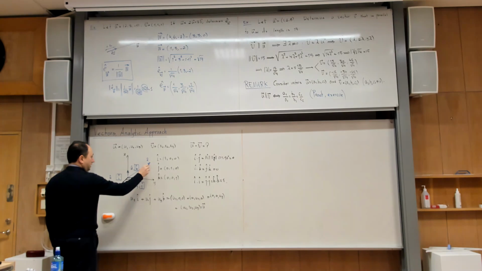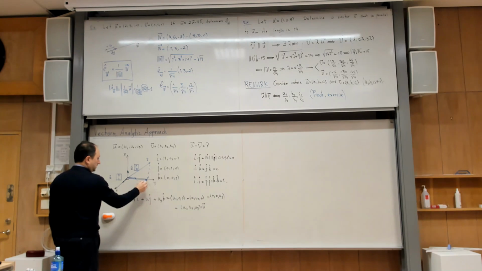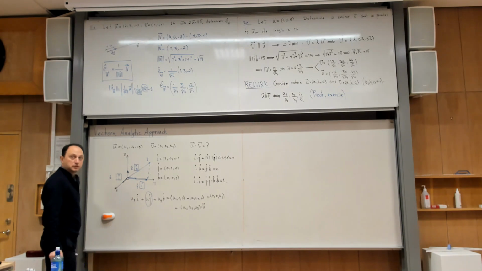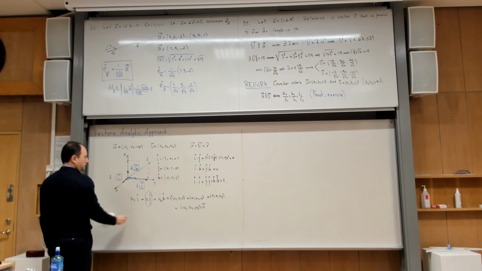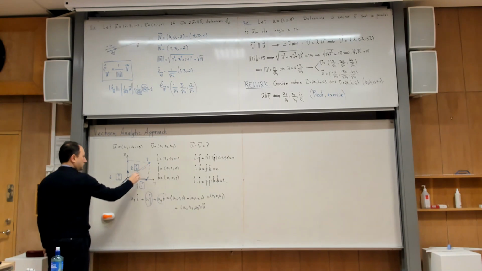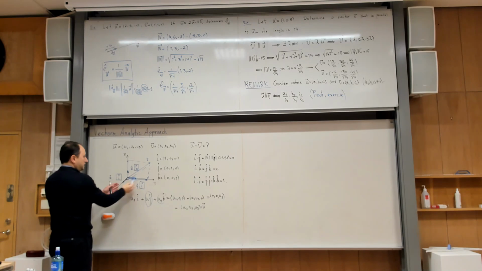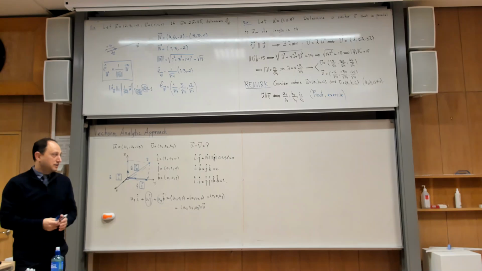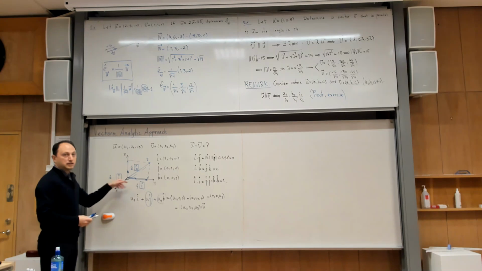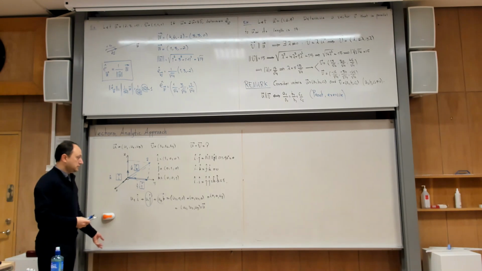This component of that vector, from here to here, is actually this vector. And I have the same thing on the z-axis, this vector from here to here is the third one, and you can do the same thing for this one. So if I add these three vectors, it becomes that vector. So I am decomposing a vector into its components on the axes of the coordinates.